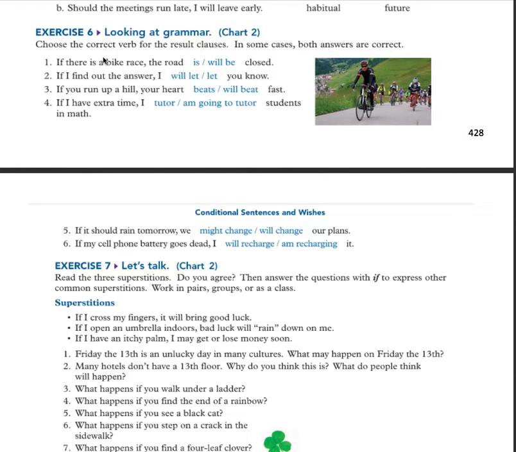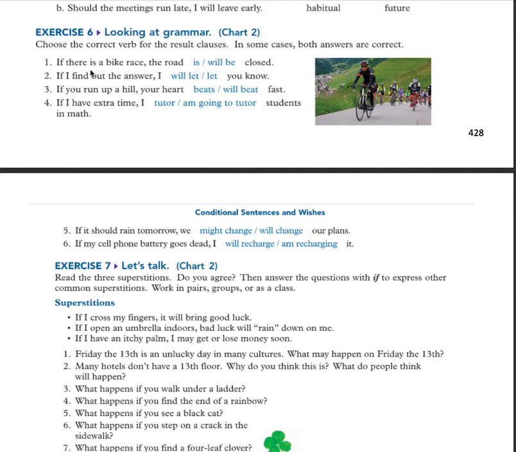429, I'm sorry. So, if there is a bike race, the road blank closed. Okay, so is this a habitual thing? Is this an established, predictable result? Okay, or general truth?